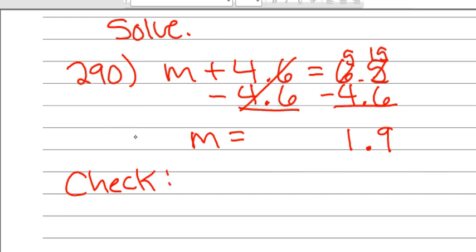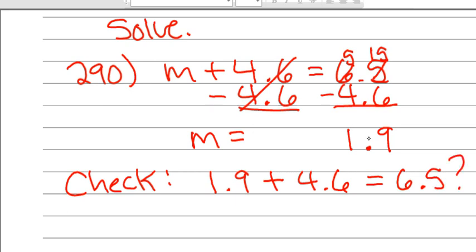So how do we know this is right? Let's do a check. There's 1.9 plus 4.6 equals 6.5. I think it looks pretty good.